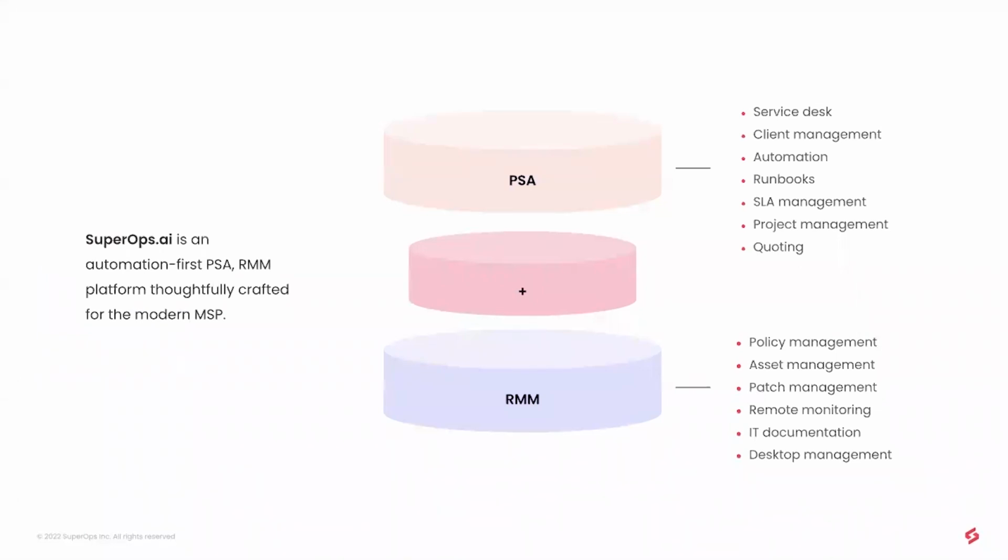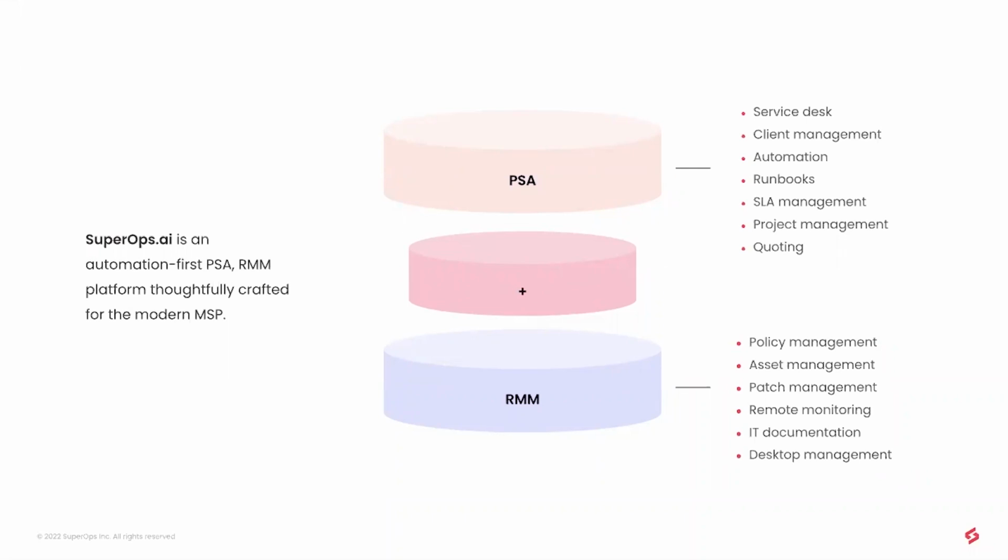SuperOps has a unified PSA RMM platform. There are several PSA platforms in the market like HaloPSA and Atera and Synchro, and there are also RMM platforms like Ninja and Pulseway and so on. What we wanted to do is build a unified platform that provides both PSA and RMM together in a single platform.